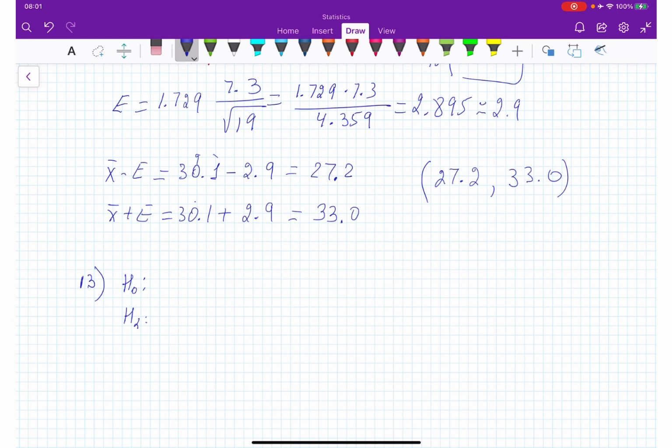Okay, the laptop manufacturer claims that the mean life of the battery for a certain model of laptop is more than 9 hours. So we need to understand one thing. If it said at least 9 hours, then I would write mu greater or equal 9, right?